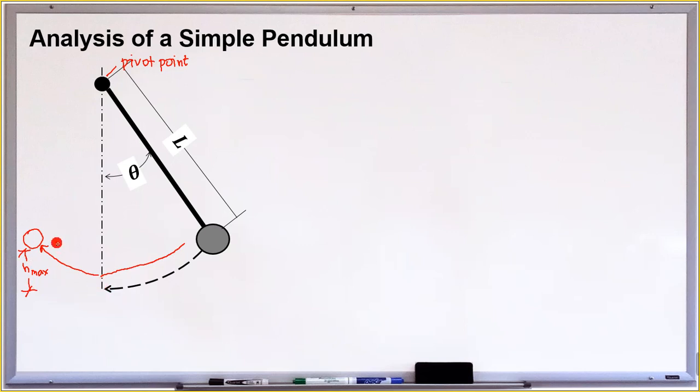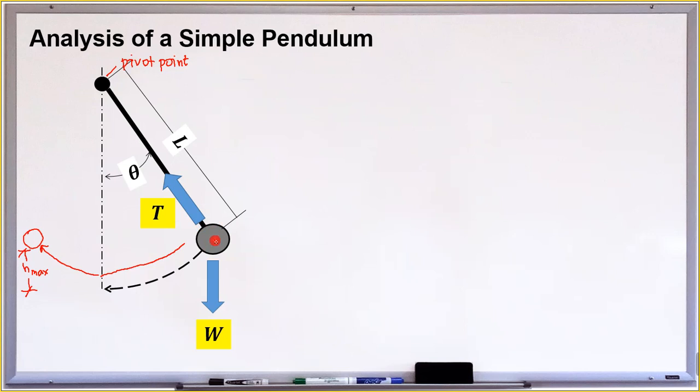If there is no air resistance and no friction, especially at the pivot point, it will continue to oscillate. However, if there is friction, then it will stop. Okay, so our object has a weight W, and our rod or string has a tension, a tensile force.